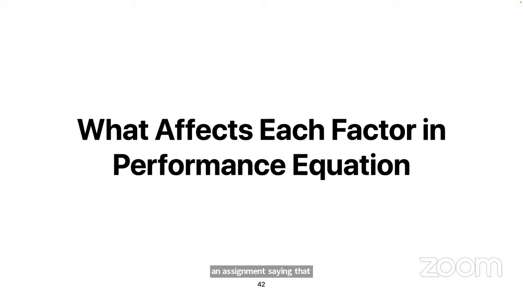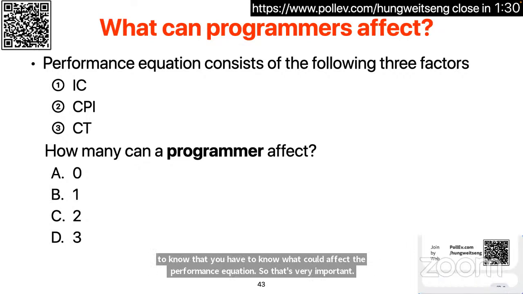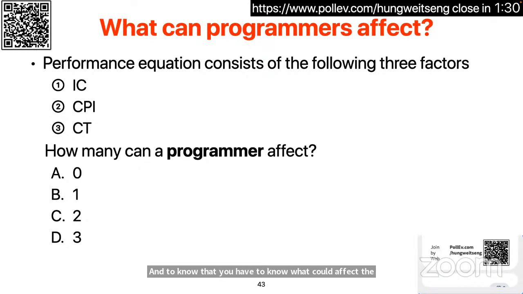For example, BART is not performing better than ChatGPT. Which part in BART should we consider changing? That's very important. To know that, you have to know what could affect the performance equation and in what ways you can affect it. So right now you are the programmer, and I really want to see how effective you are in changing the performance equation.